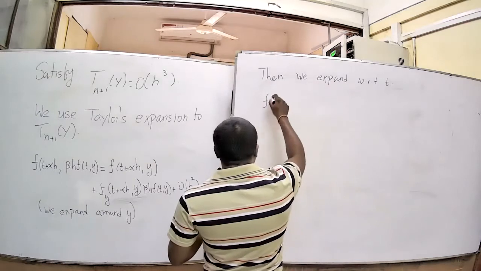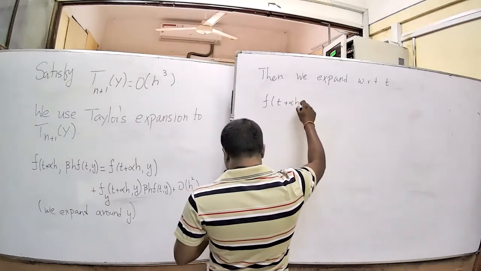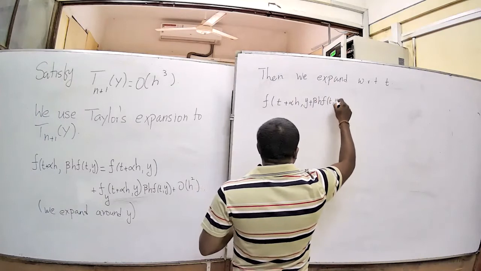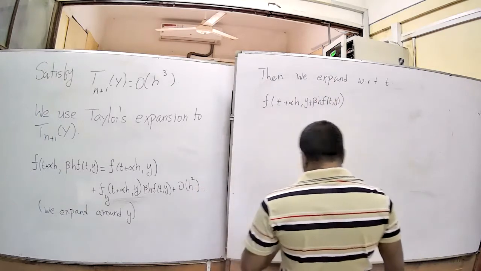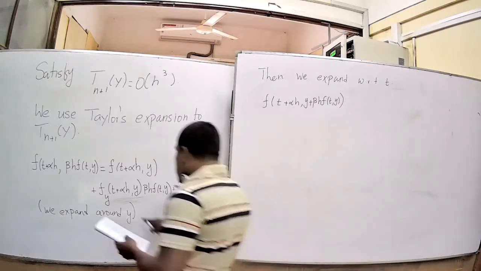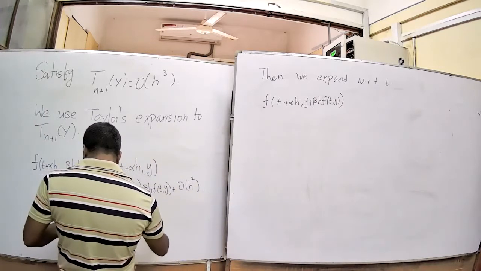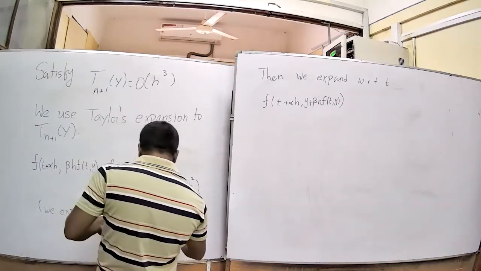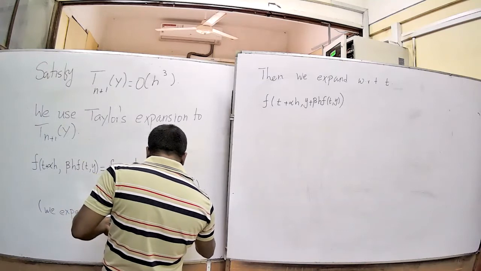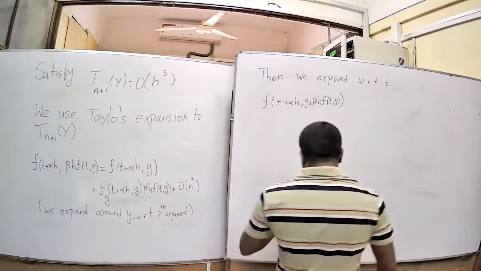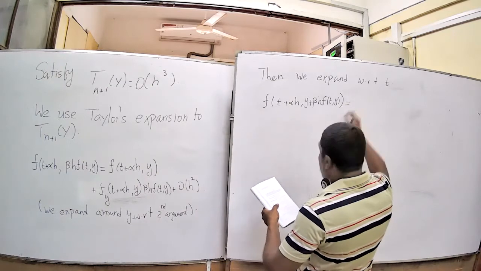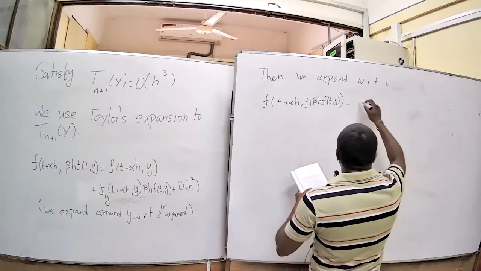If you do that, you get this f of... right, so we expand around y with respect to the second argument. Now we expand it with respect to t. So you get this f.